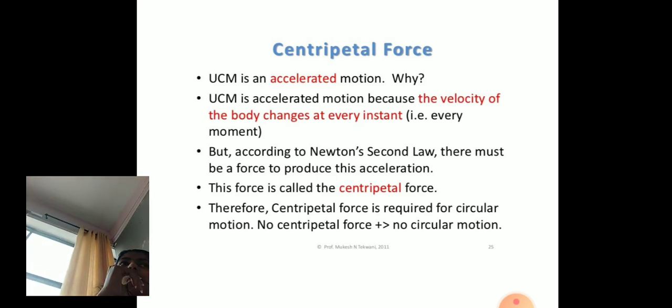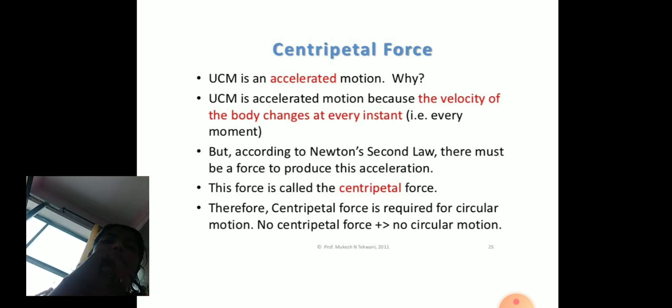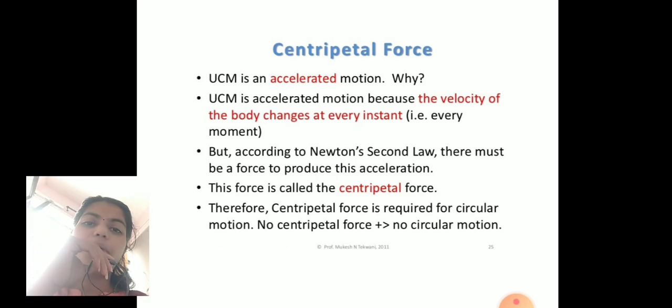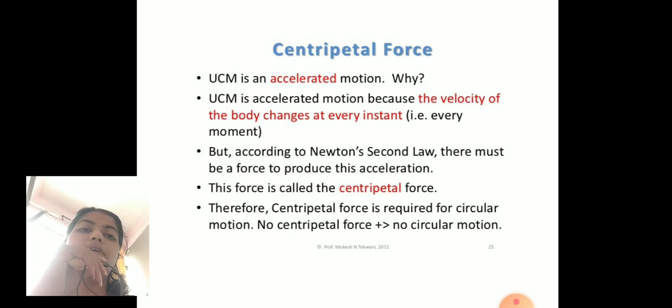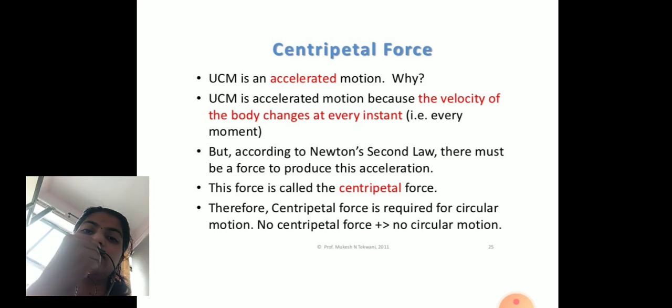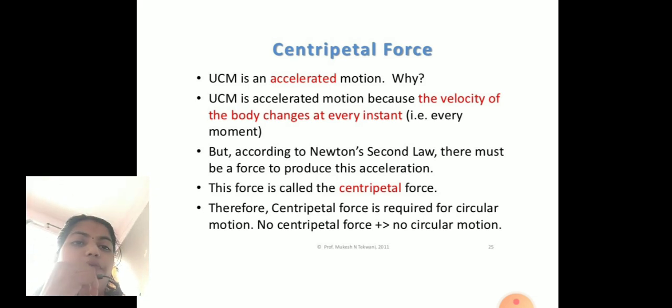F equals ma, where m is the mass and a is the acceleration. Then force is produced due to this acceleration. This force is called the centripetal force, and this law is also called the centripetal force law.